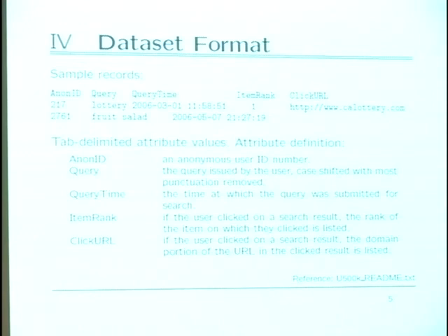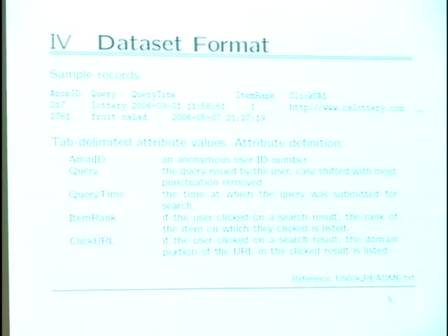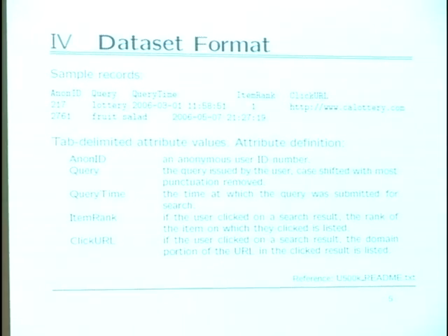Then we of course have the query content, which was typed into the search bar. And we have the time stamp when the query was submitted. And the last 2 attributes are optional. In case the user clicked on a search result, the rank of the result and the domain part of the clicked URL is listed. So this is basically the structure.